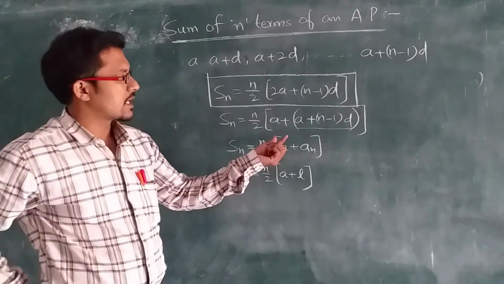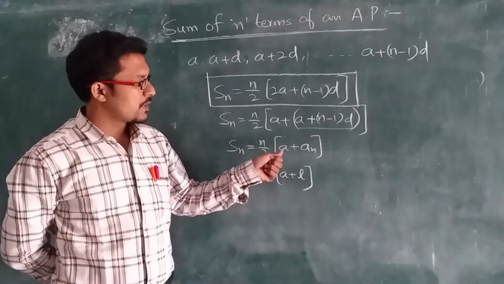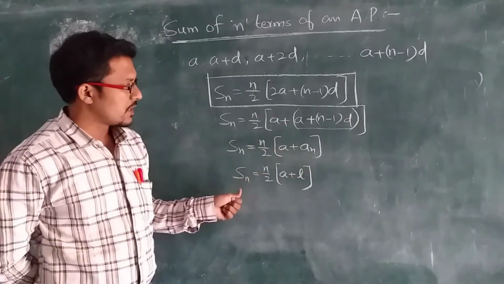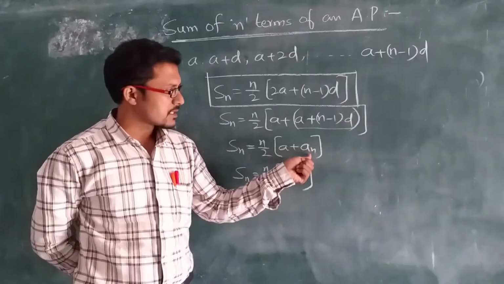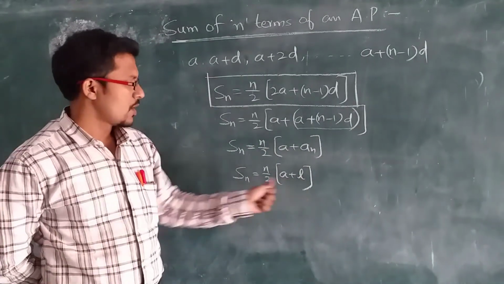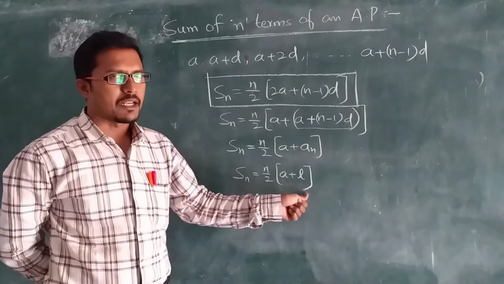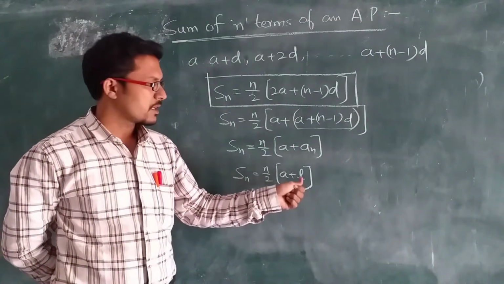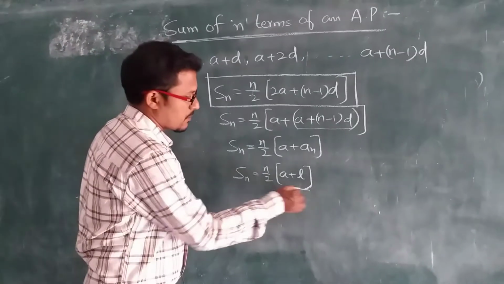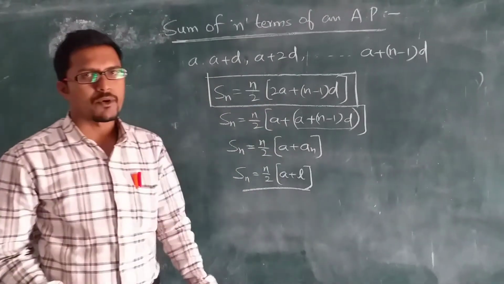So we can write Sn is equal to n by 2 into a plus an, where an means the nth term, that is the last term. So Sn is equal to n by 2 into a plus l, where l is the last term. If we know the last term and the first term, we can use this formula. If we do not know the last term, we can use the earlier formula.